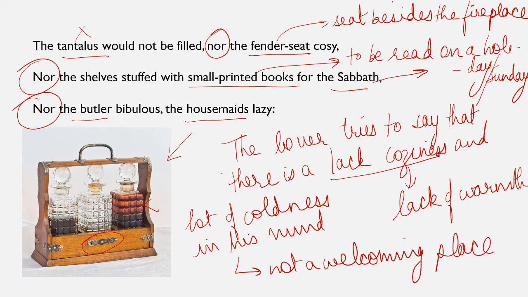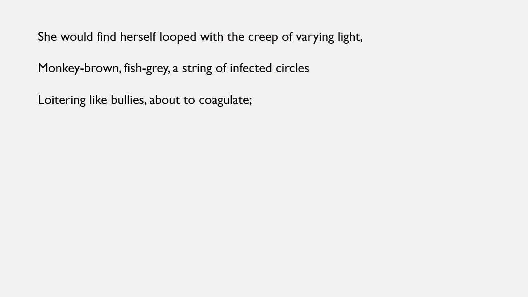And moving on to stanza number 4, the poet says she would find herself looped. Now we come to what she will find.